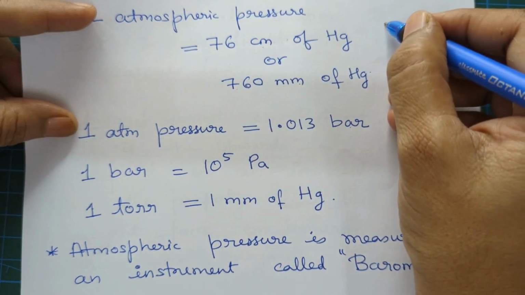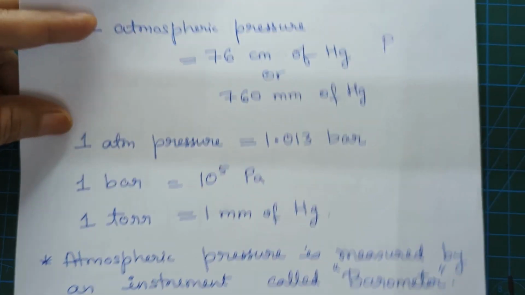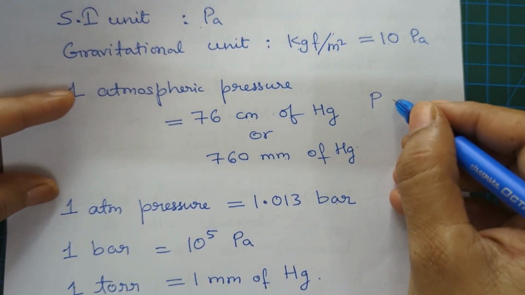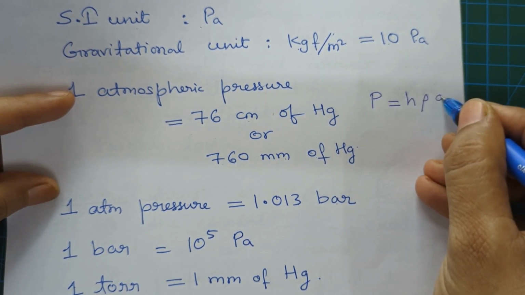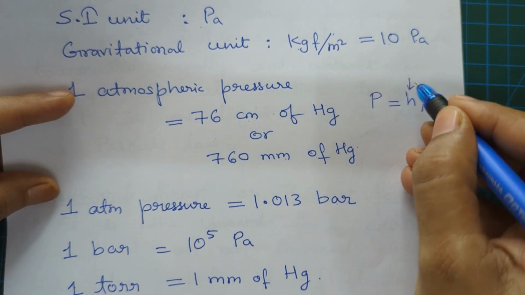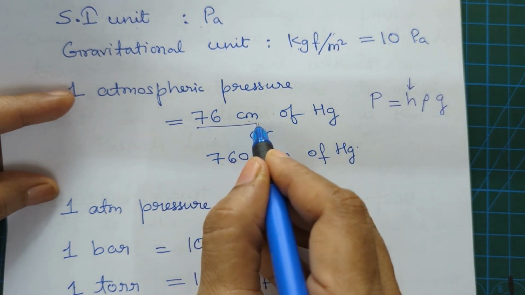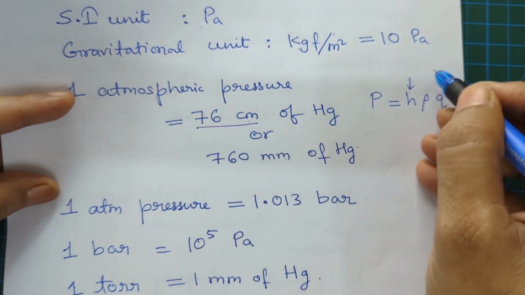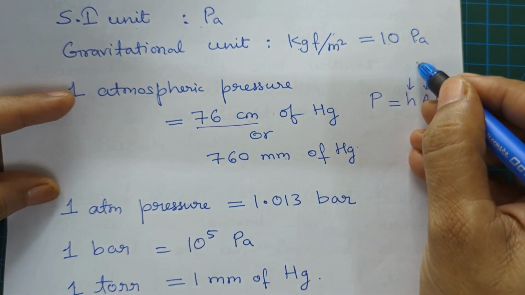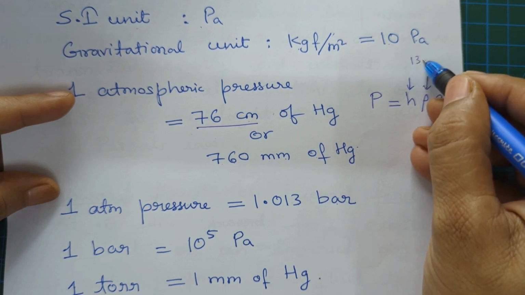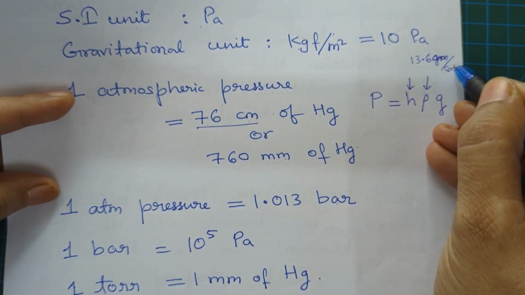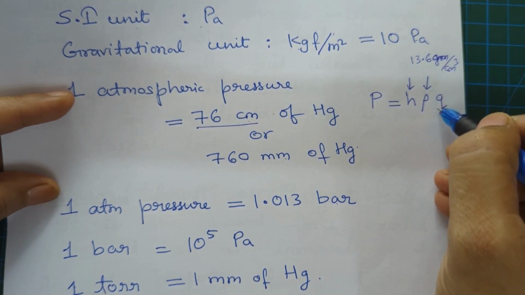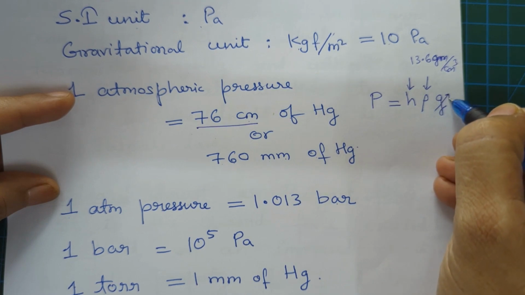To calculate atmospheric pressure or any pressure, we use a formula called P, pressure, is equal to H rho G. H is the height of mercury column in the barometer. Rho is the density of mercury. Density of mercury is 13.6 gram per centimeter cube. Since it is in CGS unit, we should tell what is acceleration due to gravity.